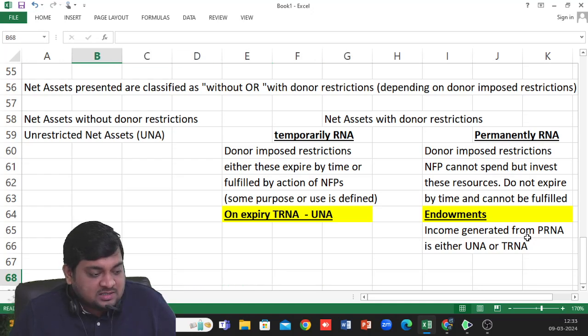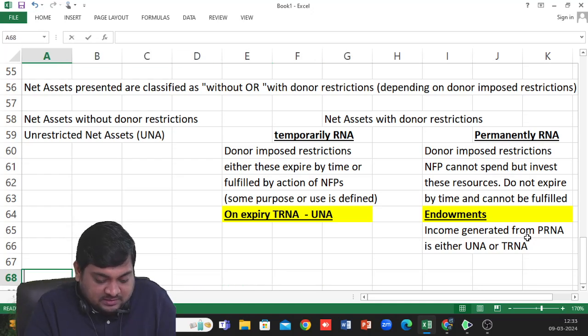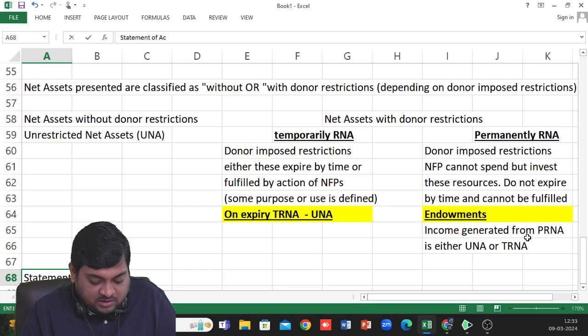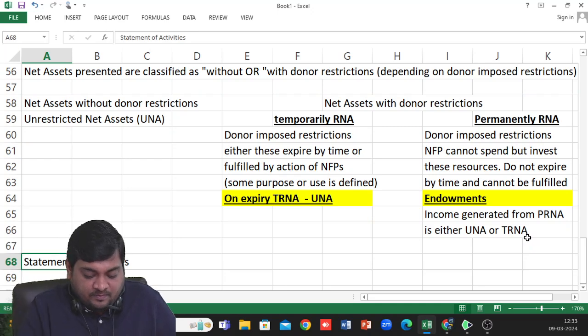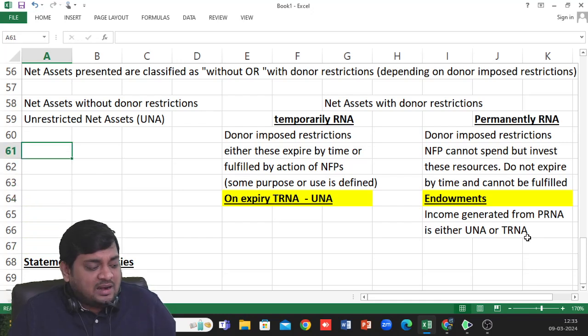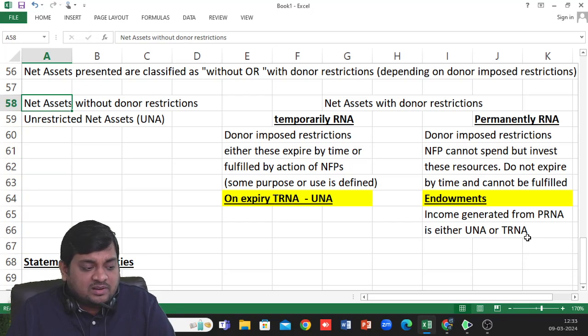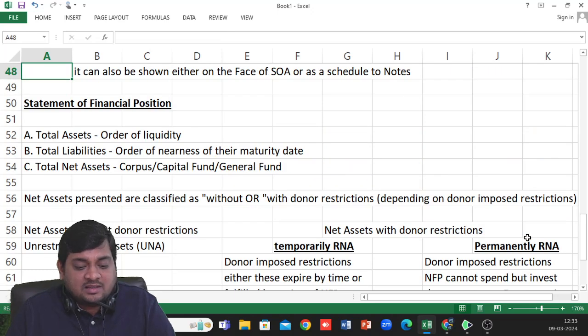So next is statement of activities. This balance sheet is very simple. We will list out all the assets, and then liabilities, and then net assets. That's it.